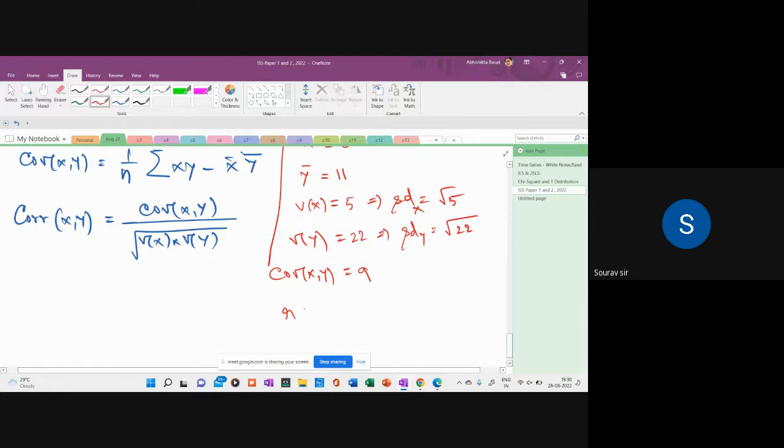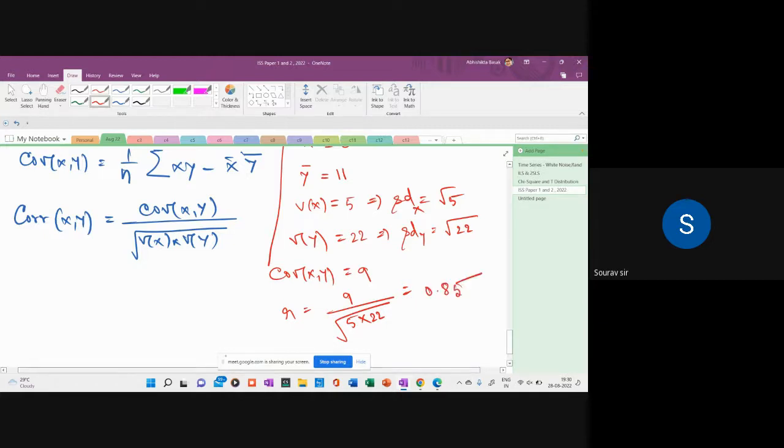So r is basically 9 by square root of 5 into 22. That is 9 divided by square root of 5 into 22, which is giving me 0.85.